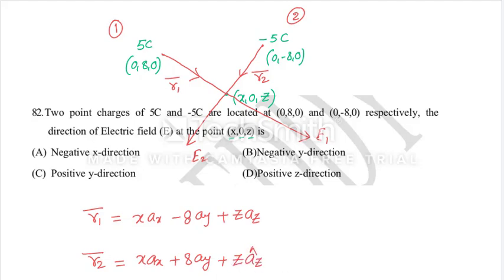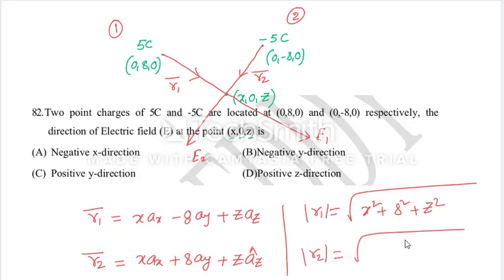You can see the magnitude of R1 is the square root of x square plus 8 square plus z square, and the magnitude of R2 is also the square root of x square plus 8 square plus z square. Both magnitudes are the same.